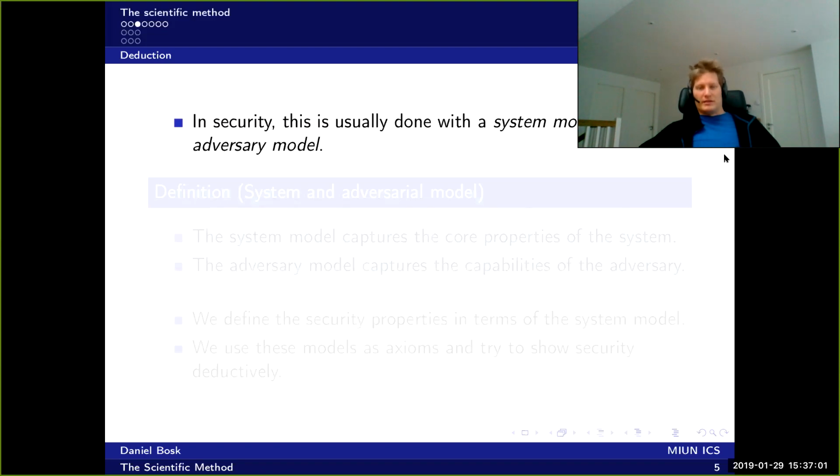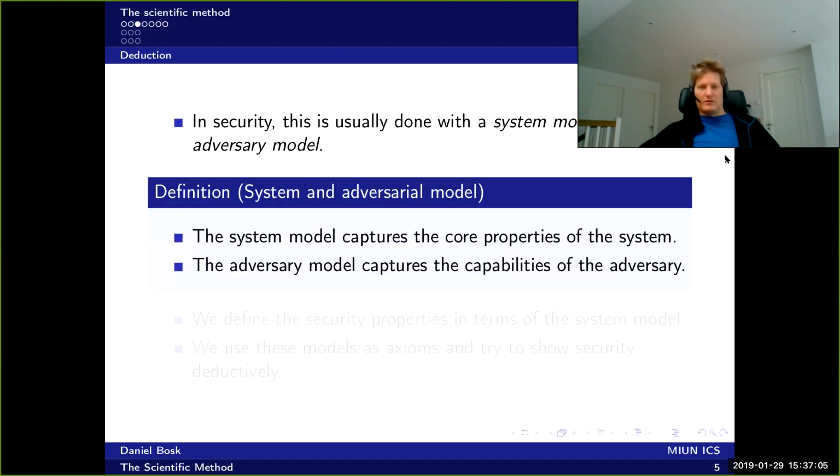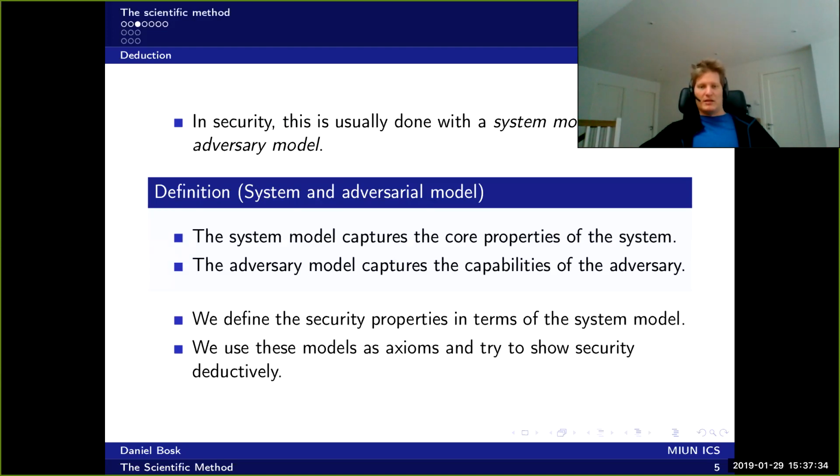In security, this is usually done with a system model and an adversary model. The system model captures the core properties of the system we're interested in. So we define how the system works and its properties. And then the adversary model captures the capabilities of the adversary, that is, what the adversary can do and cannot do in this system.